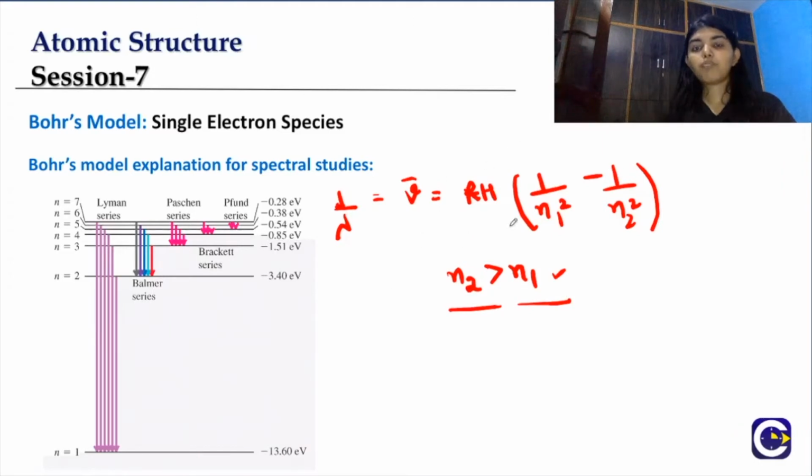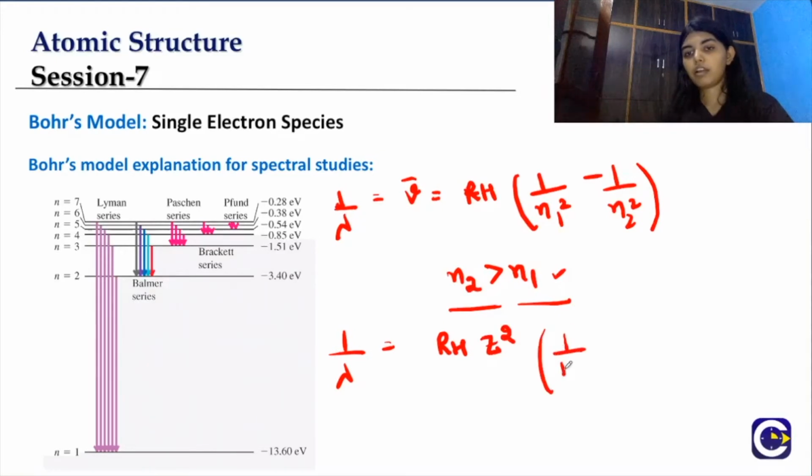And this is for the hydrogen atom, right. If you are studying the spectra for other atoms, which have another Z value, then you have to keep Z square also here. For hydrogen, Z is 1, therefore the equation is reduced to RH into 1 upon n1 square minus 1 upon n2 square. While for other species, you can take it as RH into Z square, where RH has a value of 1.09 into 10 raised to the power 7 meter inverse, right.